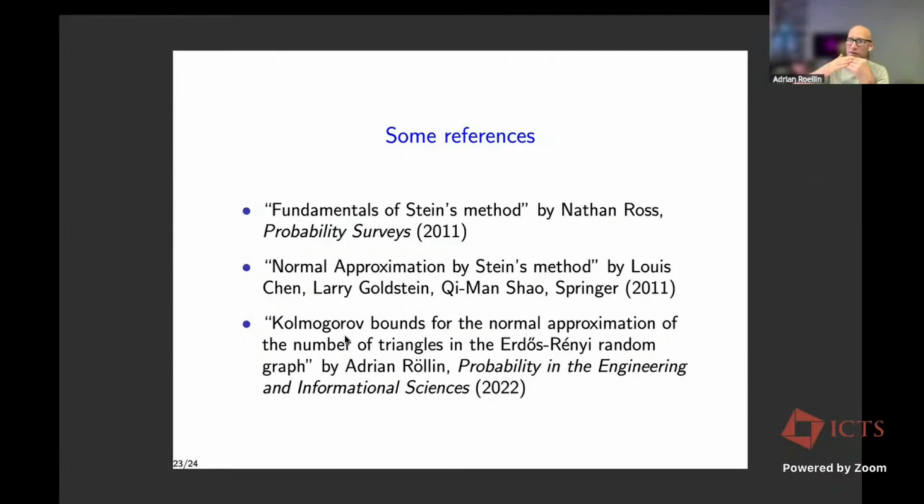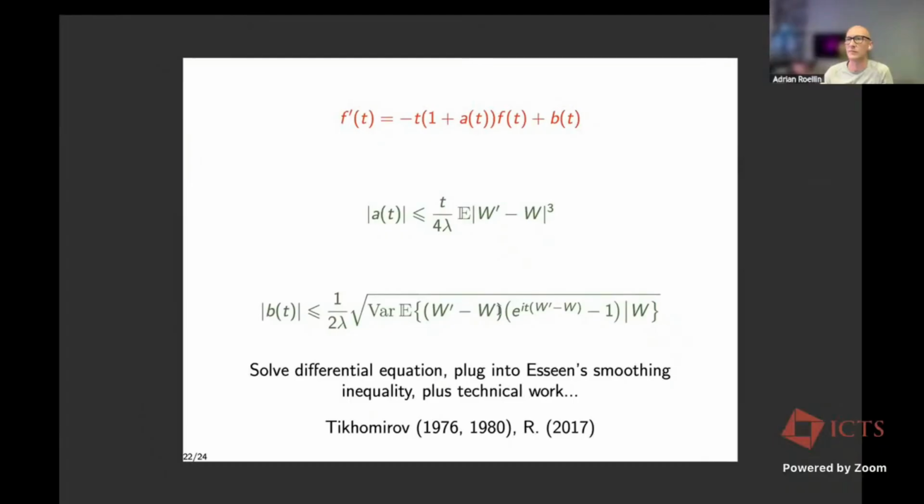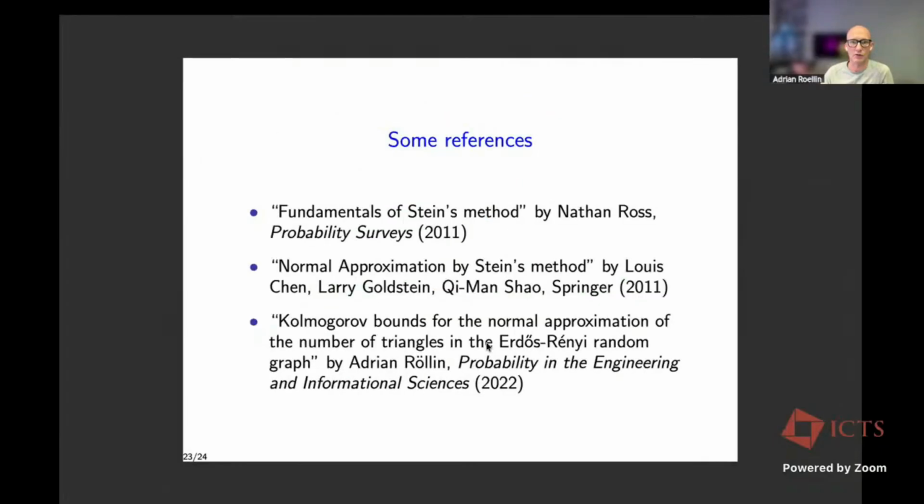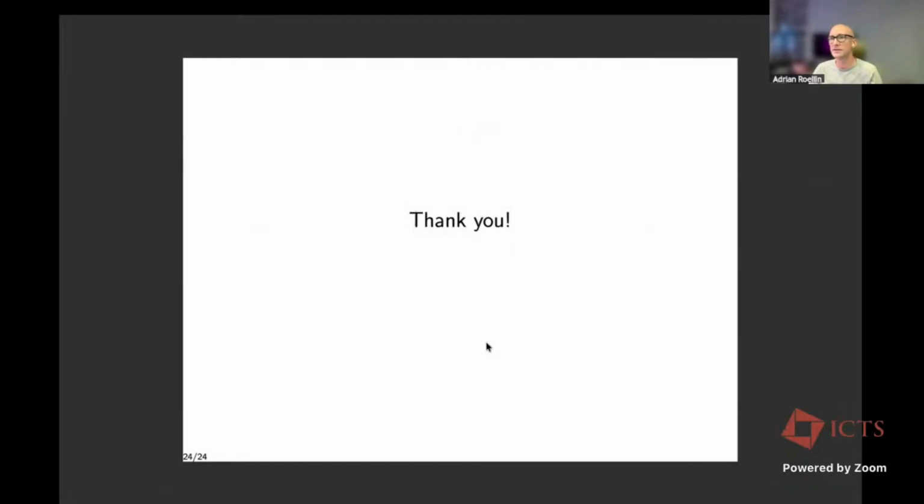The issue was that the number of triangles, or this exchangeable pair when you work with triangles, is unbounded, or can become unbounded as n goes to infinity, and that causes technical issues when you use Stein's method. Whereas if you use characteristic functions, it disappears, at the cost of having to deal with this more nasty expression. Okay, so next time I will talk in more detail about the actual Stein method itself.